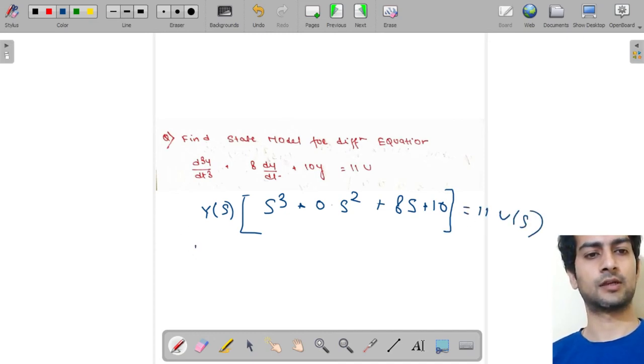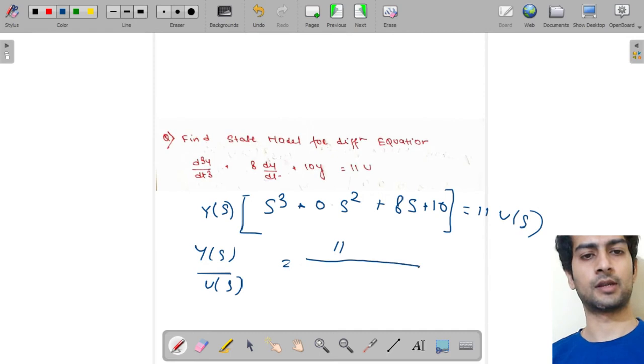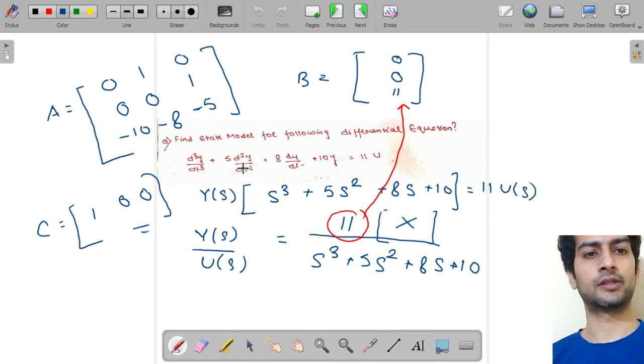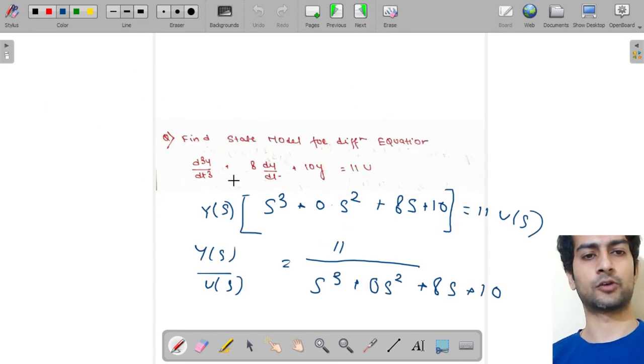Now our transfer function will be Y(s)/U(s) is 11 by s cube plus 0s square plus 8s plus 10. Both this question and the previous question are the same. Only thing is that this term is missing in this question.